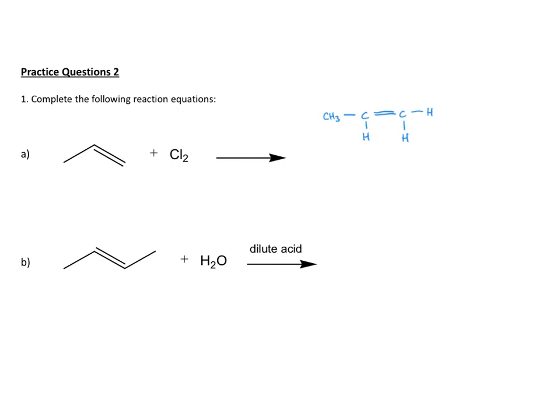When chlorine is added to it, the carbon-carbon double bond will be broken, and the carbon atoms will form new bonds with chlorine atoms. So this is the structure that is formed, and if you want to write out the skeletal structure, you can represent the 3 carbon atoms like this and add on the chlorine atoms.